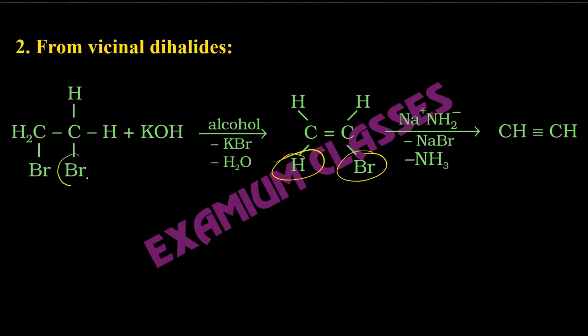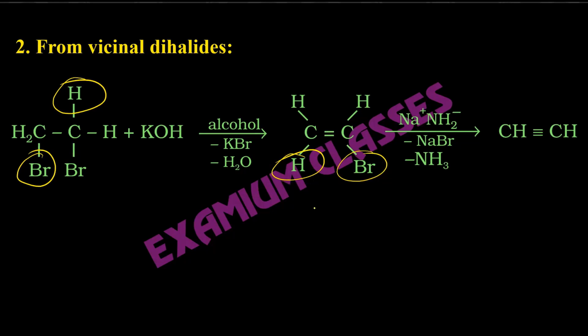And then we need to remove both halogen and hydrogen. In this case also we removed halogen and hydrogen. That's why we got this compound after removing one bromine and this hydrogen, and after that, we remove these two.